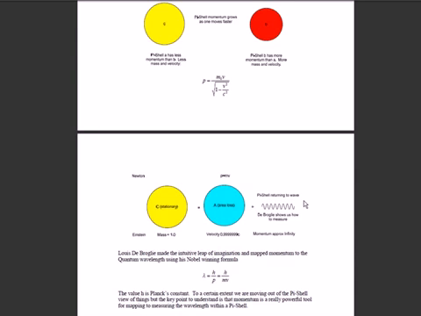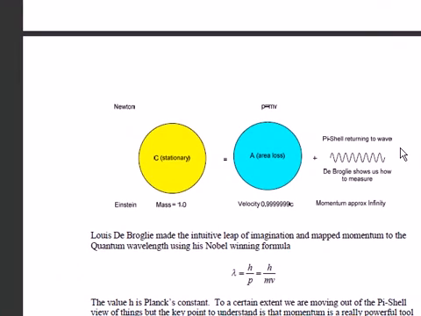Now, when a particle is large, like an atom, its wave function is small. We characterize that mathematically in the following way. We say it's Planck's constant divided by the momentum.